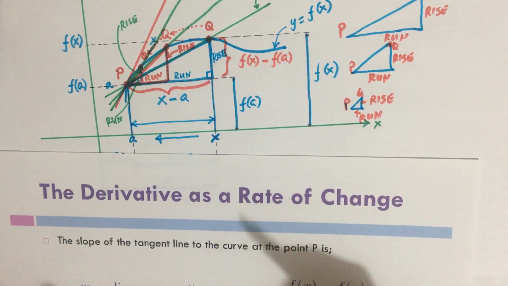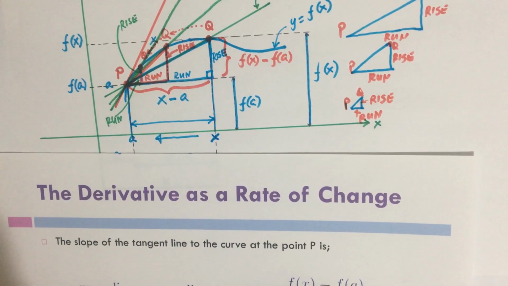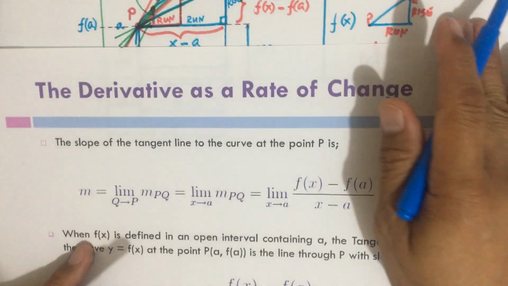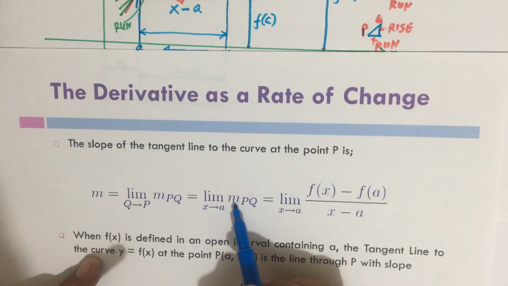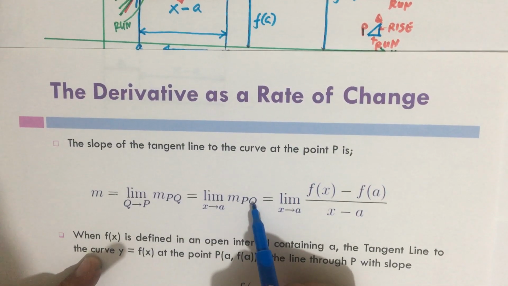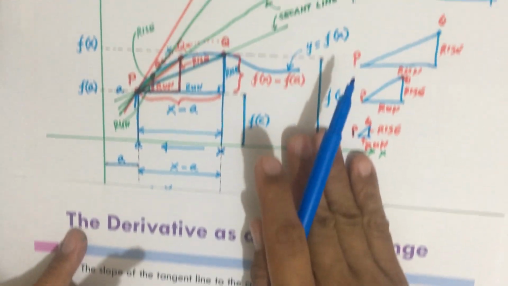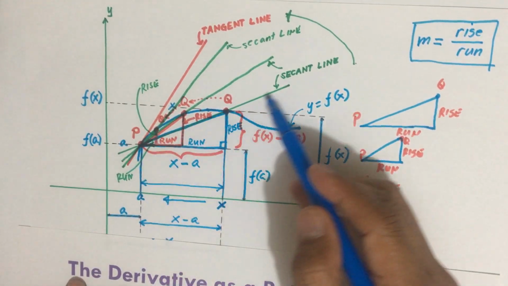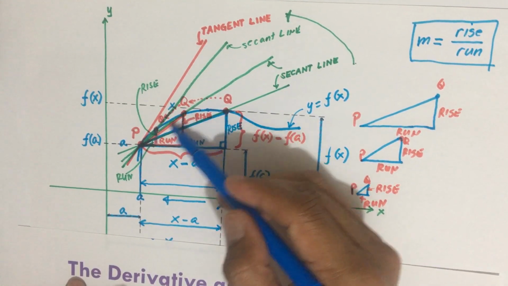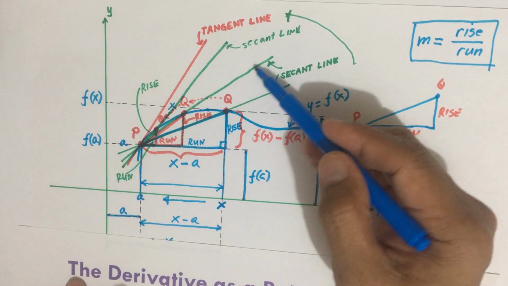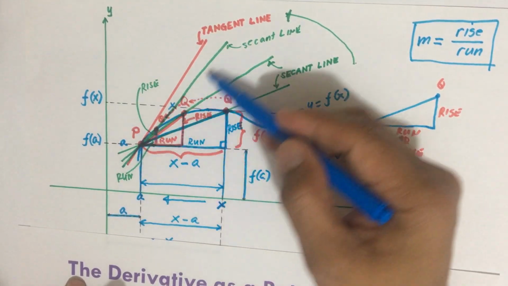Okay, now what is the limit? The limit of the slope of the secant line, which is PQ. This is the original position of PQ before it moves, and as it moves to this point here, this is the new position of our secant line, and as it moves farther to this point, this is now the position of our secant line.